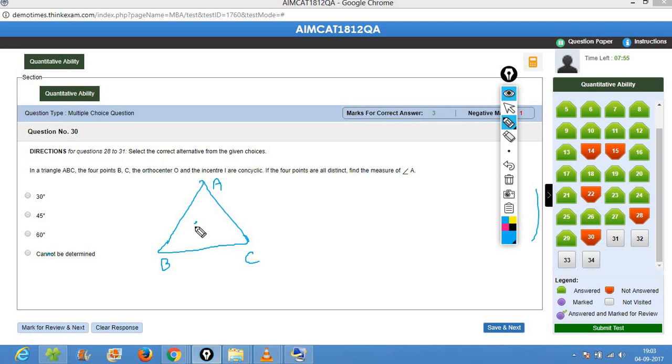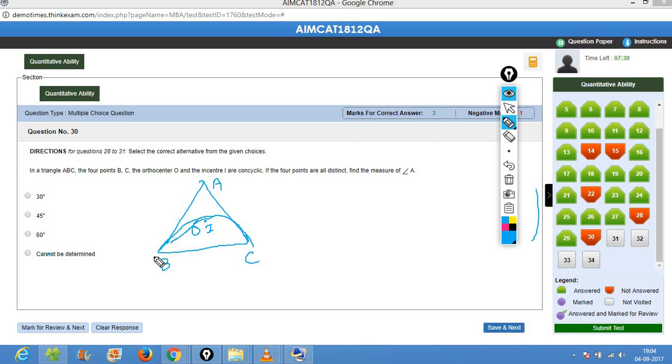So suppose this point is O, this point is I, because all the 4 points are distinct, so I made this diagram accordingly. Find the measure of angle A.